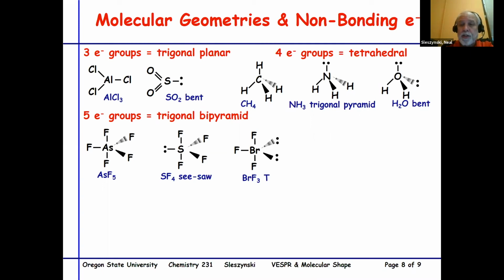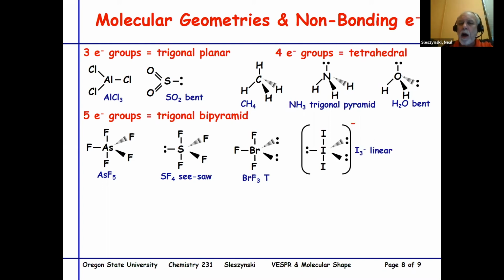So our seesaw, we've got our first non-bonding electron pair has gone into one position in the triangle. Boron trifluoride, our second electron pair, 120 degrees away from the first non-bonding electron pair.